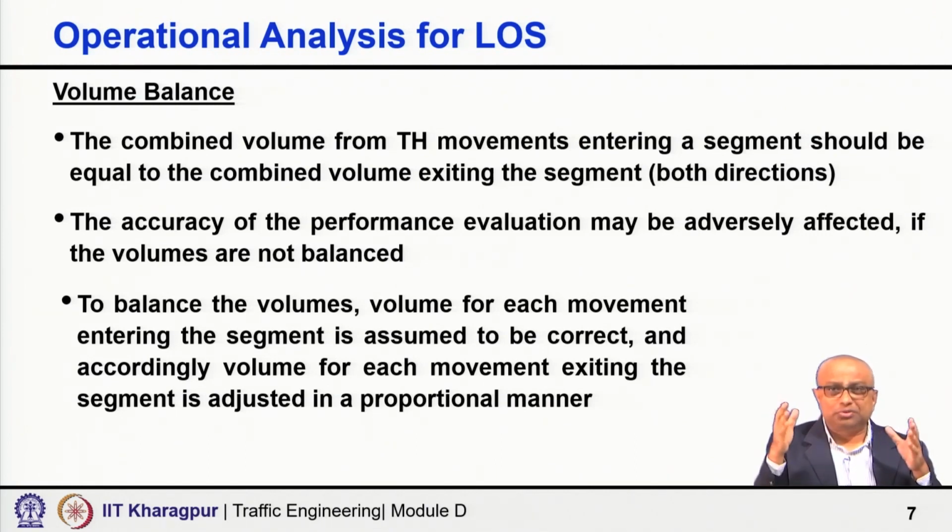So, the question is, for a segment, if you find the given data is balanced, then there is no need for any correction. But if the total entry volume and total exit volume for the segment are not matching, then how to do the balance? Then we assume that the entry volume is correct, and accordingly we apply corrections to the exit volume to match the entry volume, and that correction may be applied in a proportional manner.